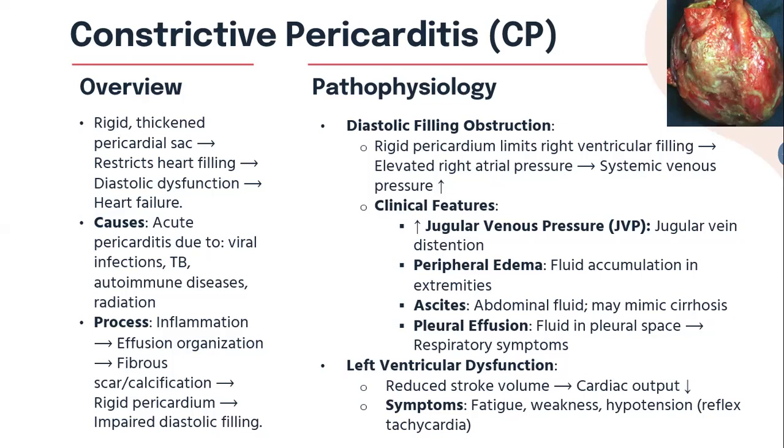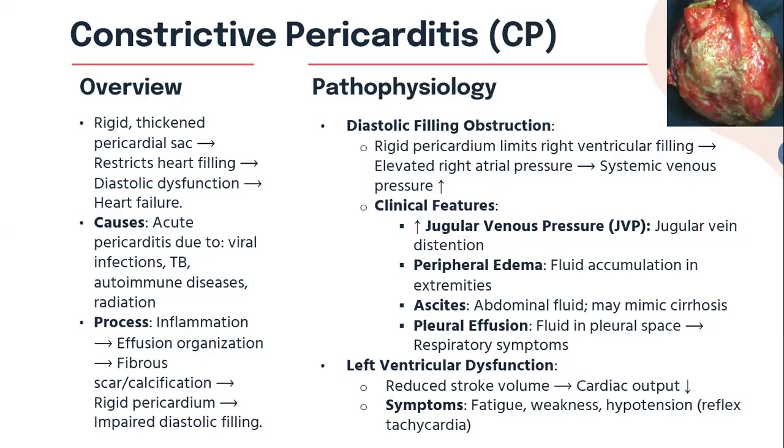Now, in constrictive pericarditis, the major pathophysiological abnormality occurs during the diastolic phase of the cardiac cycle. During this phase, the ventricles are supposed to be filled with blood. However, the rigid pericardium restricts this filling.